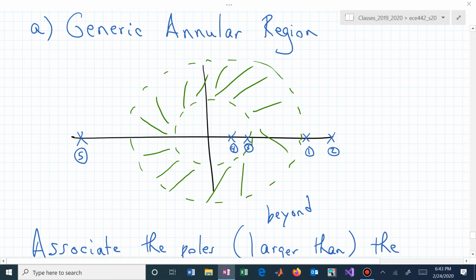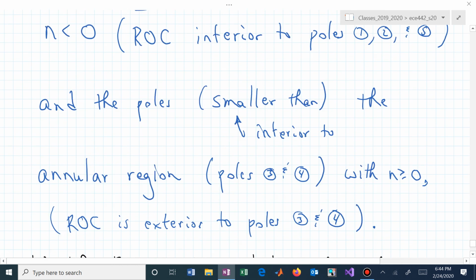From this amount of information, can you tell me what little x of n looks like? Is it bounded? Is it unbounded? Can you tell me? From this picture, what can you tell me? Or what if I did this?